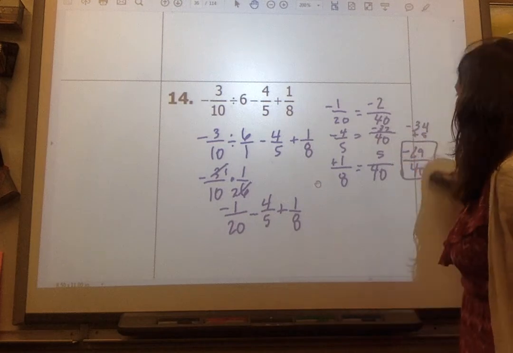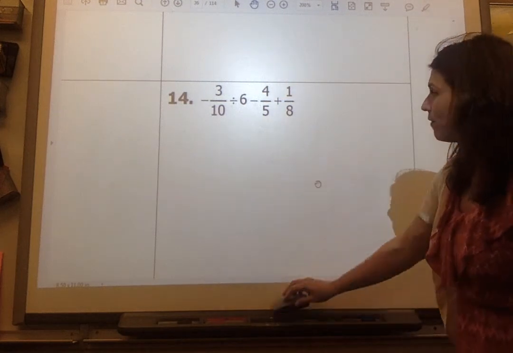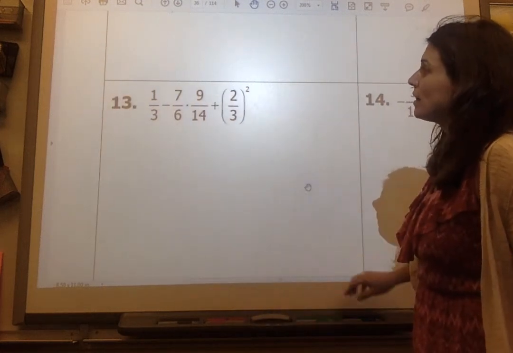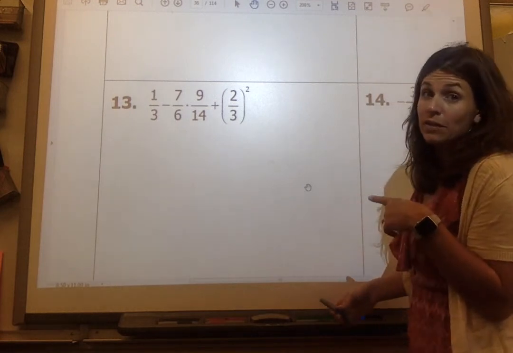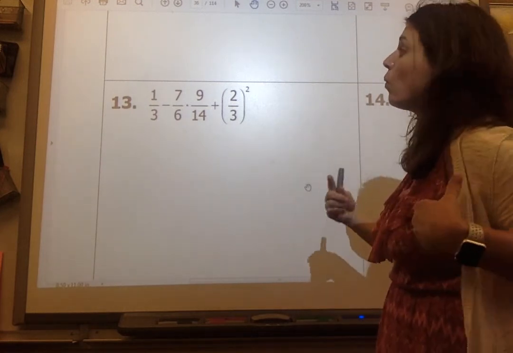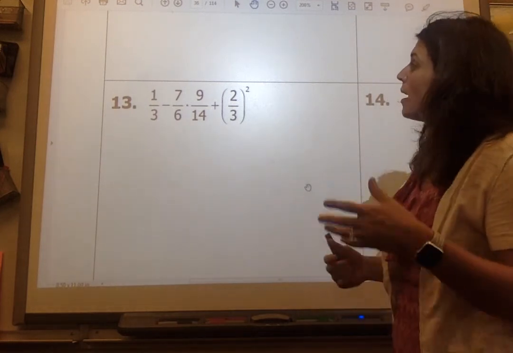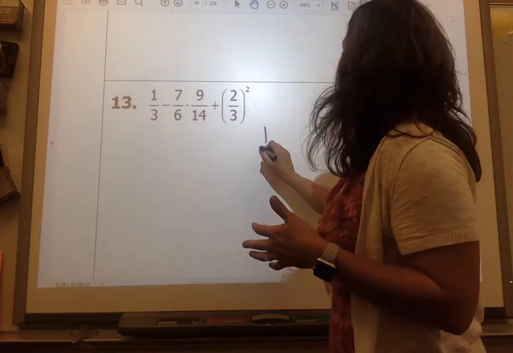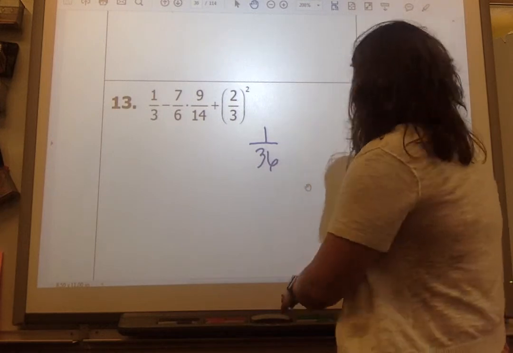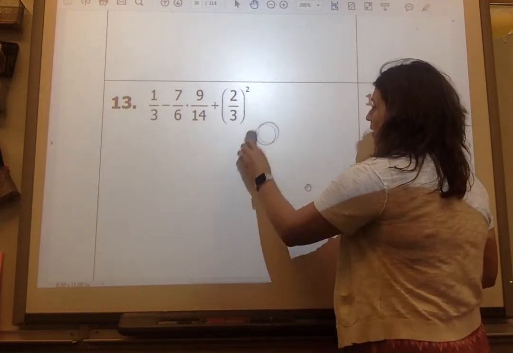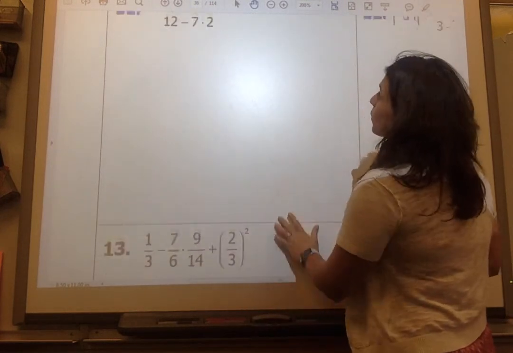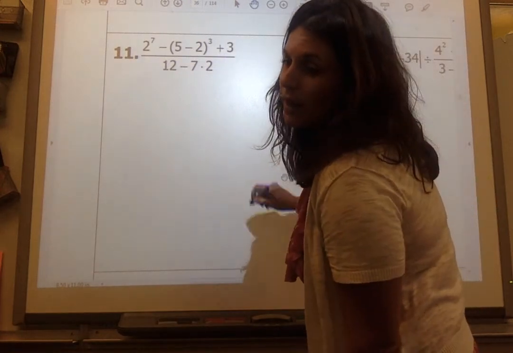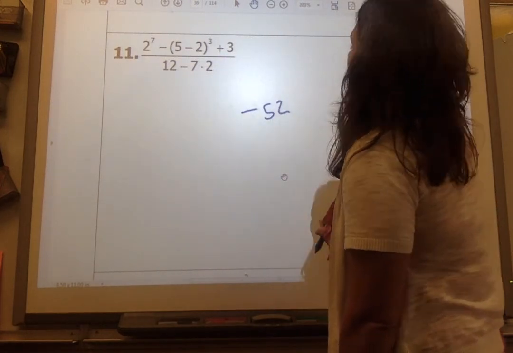And if you are struggling with the examples that we have, if you want to do them and you just need the answer, real quick, I'm going to give you the answers. I will work these out in tutoring for you. But if you've done them and you want to check, number 13 is 1 over 36. Your answer for number 11 is going to be negative 52.